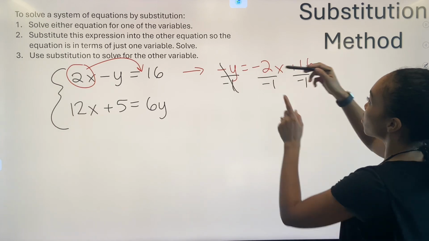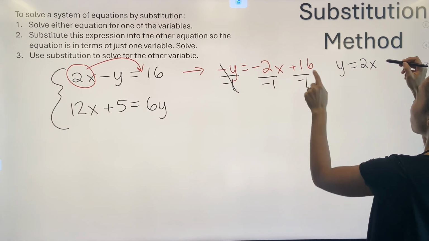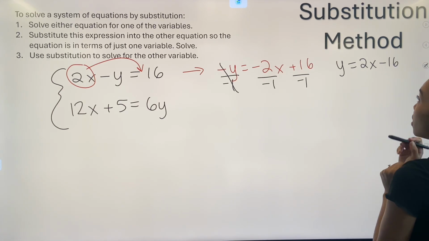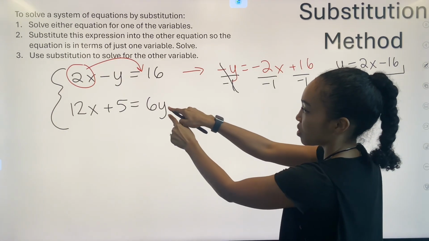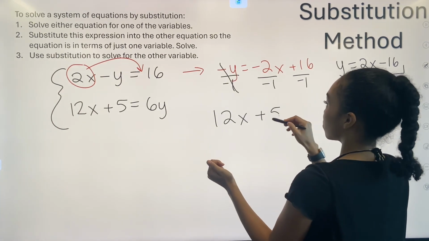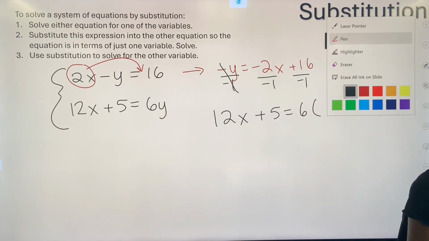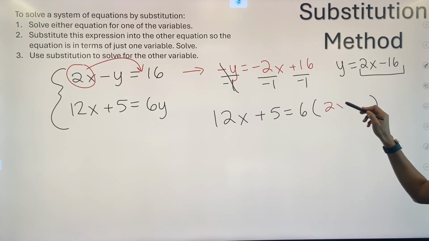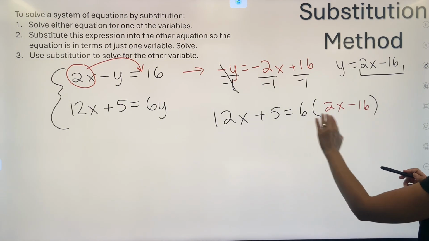So this will be y equals, negative over a negative will be positive 2x, and this will be a minus 16. Now I'm going to substitute this expression into this y. So I'm going to write this equation, 6, and instead of y, I'm going to put parentheses and substitute 2x minus 16 in. Now I can go ahead and solve for x.